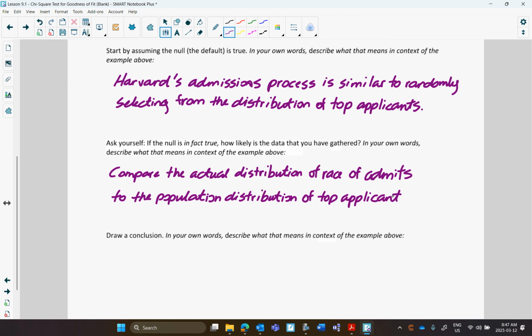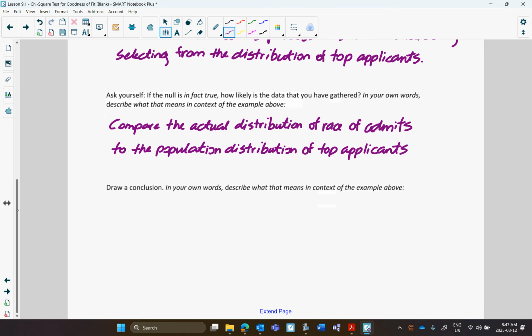We see, is it similar? Is it not? So what's the probability that we got the results that we did? That's why we compare. And then we draw a conclusion, like we always do from a hypothesis test.